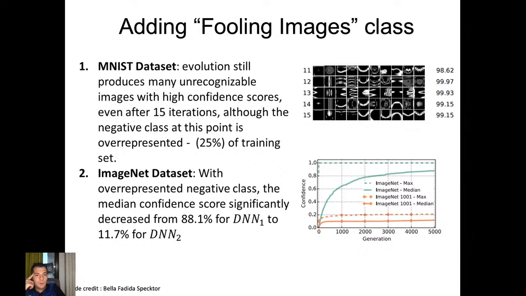If you recall, the examples that were generated for MNIST with CPPN were slightly different from these.